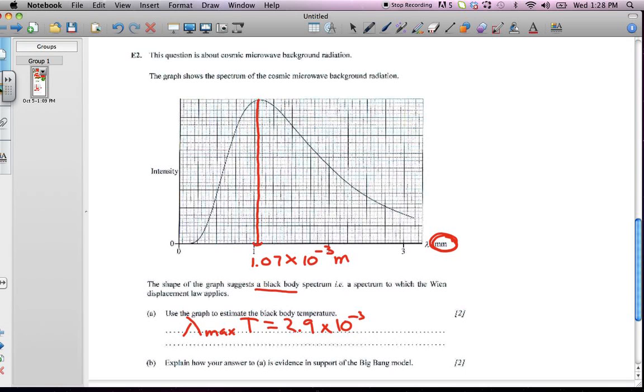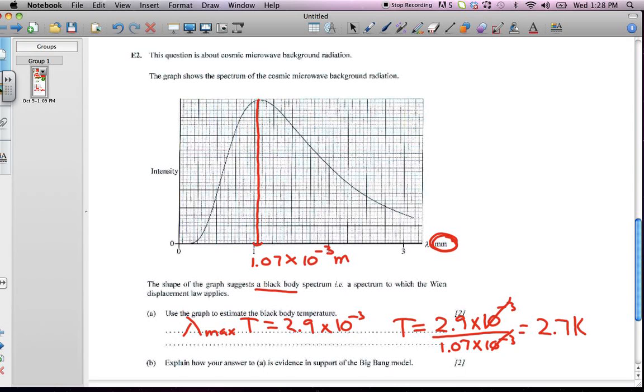So your temperature is therefore going to equal 2.9 times 10 to the negative 3 divided by 1.07 times 10 to the negative 3, and as you can see those negative 3s will cancel, and you get a value of about 2.7 Kelvin.